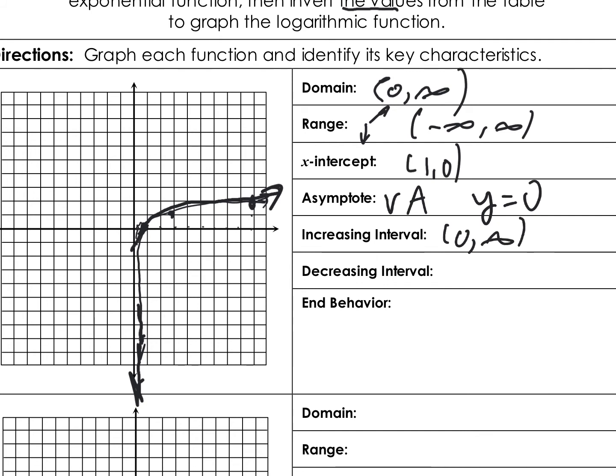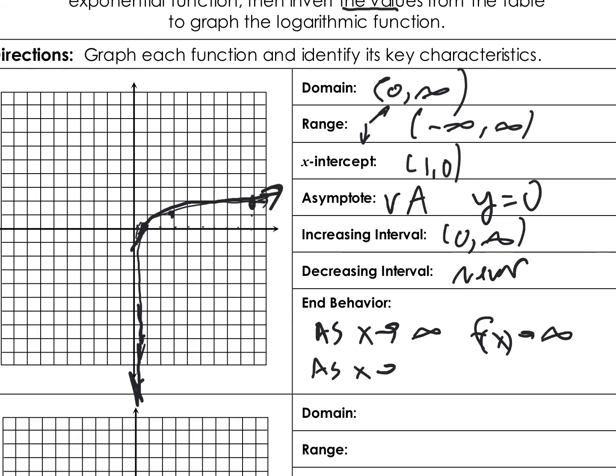This is never decreasing. As x approaches infinity, that means to the right forever, f of x is approaching infinity. As x approaches 0 from the right, f of x is always going to be approaching negative infinity. It's never going to go past that 0.